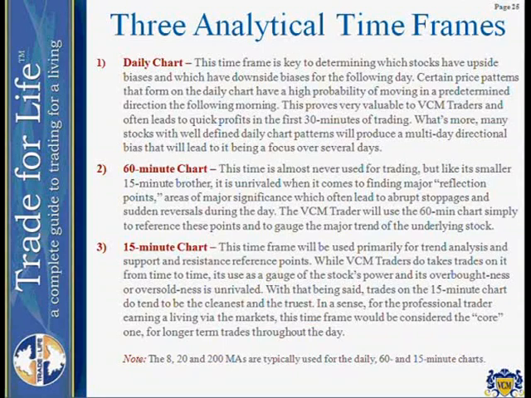From levels 1 through 12, you will only take trades in the direction of the current daily bar. Let me repeat that. For the first 12 levels of your life with me, you will only take trades in the direction of the daily bar.